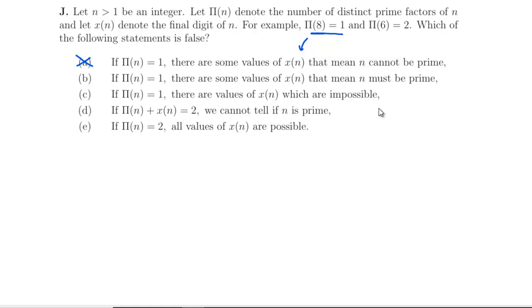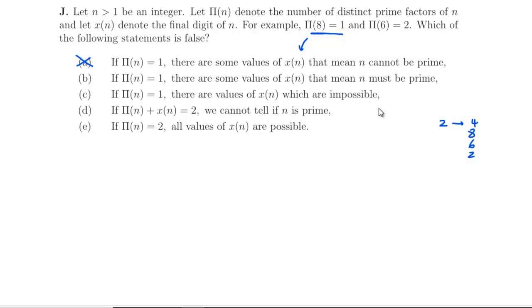Right, that should be quite an easy one to deal with, I would have thought, because we only have to care about the final digits. So if we've got pi n is 1, it has to be a power of a prime number. So if you've got a number that ends in 2 that's prime, well, that'd have to be 2. So that could be 4, 8, 16, 32, then we go back to 4 again.